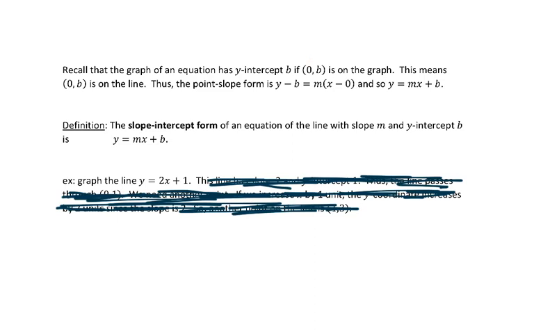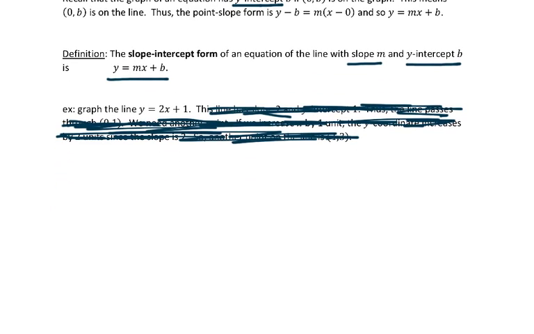In other words, the point where the line crosses the y-axis, hence the name y-intercept. So this is the slope-intercept form of an equation of the line where the slope is m and we know the y-intercept is b, that's going to look like this.